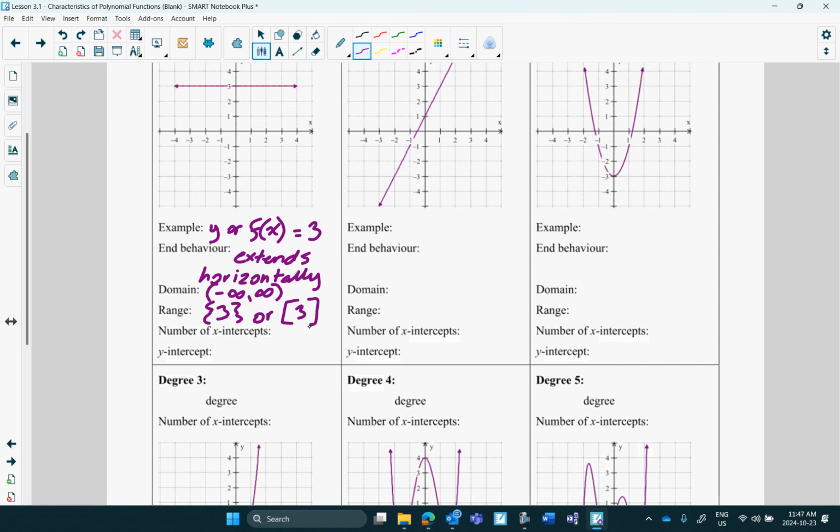Because this is going from 3 to 3, including 3, which means 3. How many x-intercepts? None. What's the y-intercept? 3. So that's a constant function, a horizontal line.